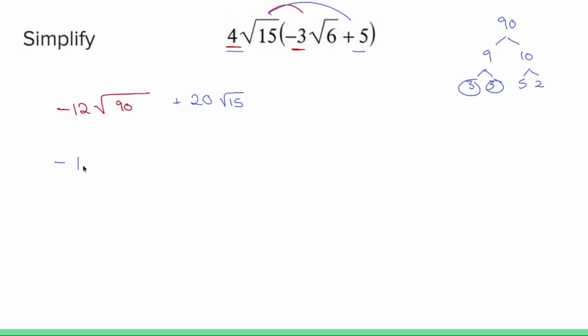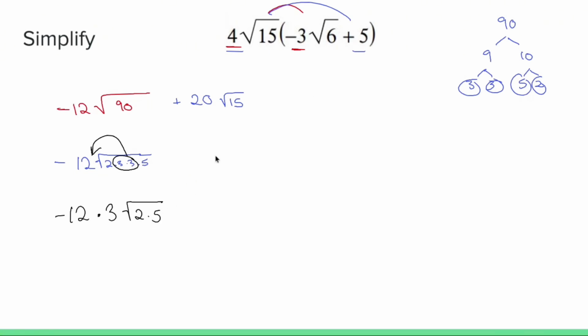So negative 12 times the square root of 90 can be written as negative 12 times 2 times 3 times 3 times 5. Now with square roots, you pull out identical pairs of numbers like this. And so we rip out a negative 12 that's already there. We rip out a 3, and then we leave the square root of 2 times 5.